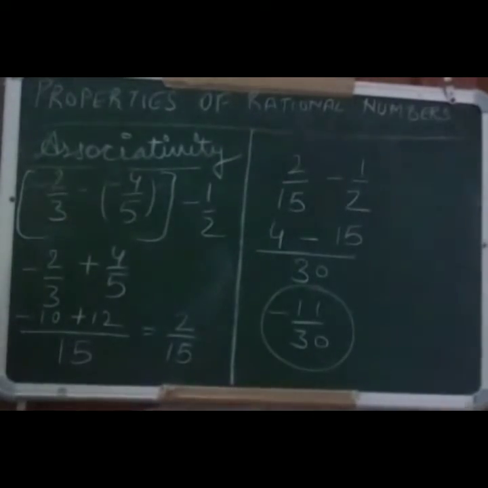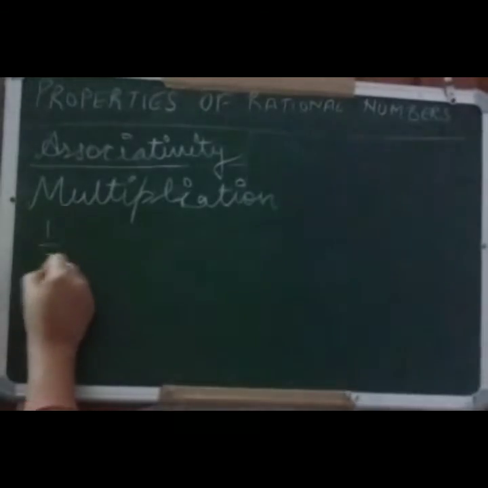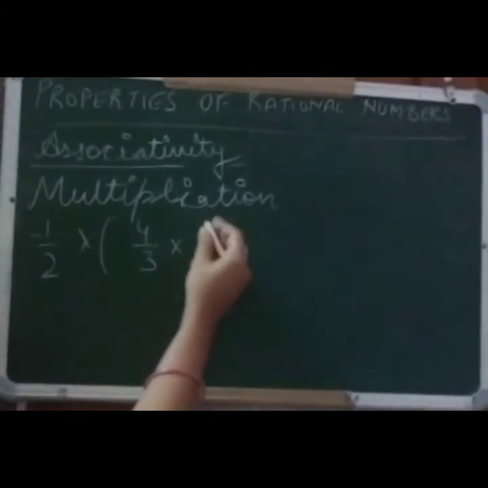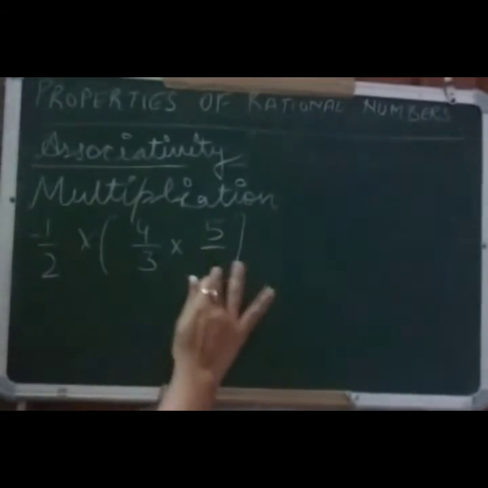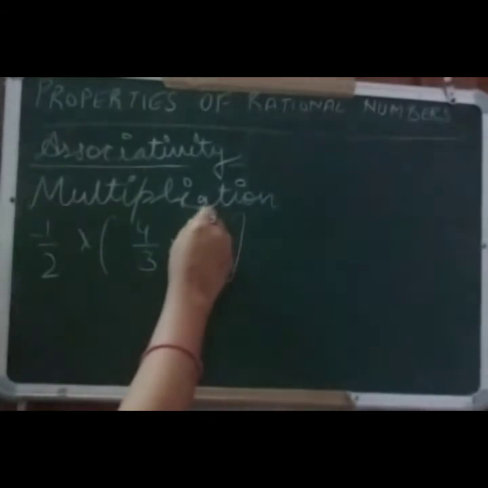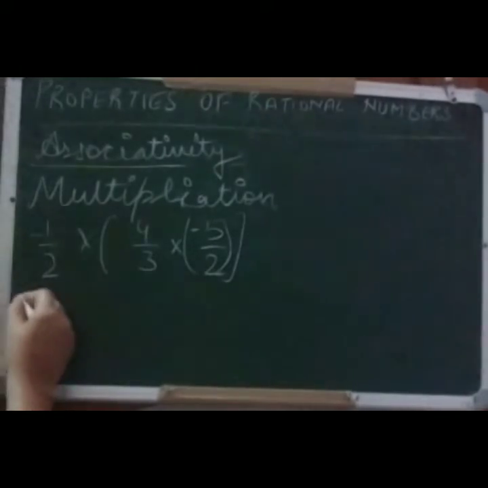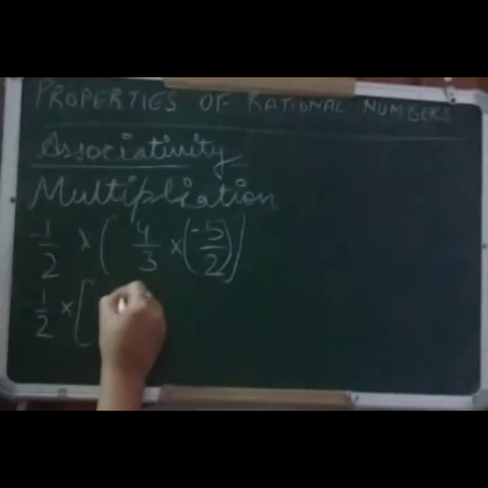Now let's check it for multiplication. We can take any example. Now do it from this one arrangement. 4 5 7.